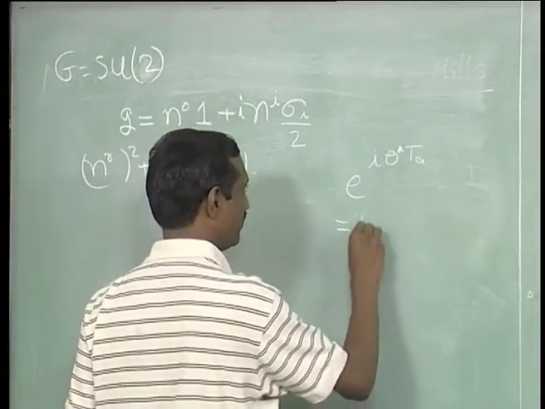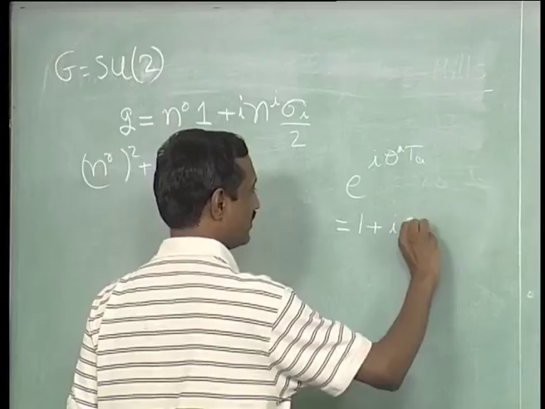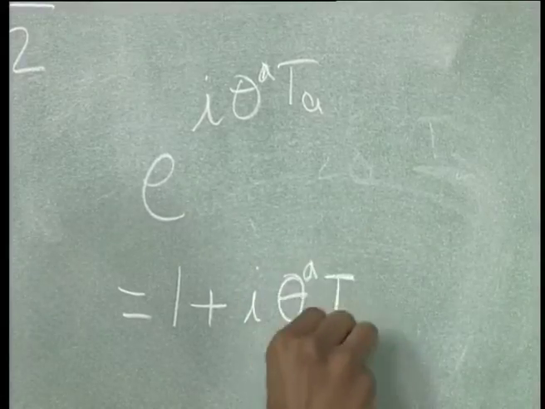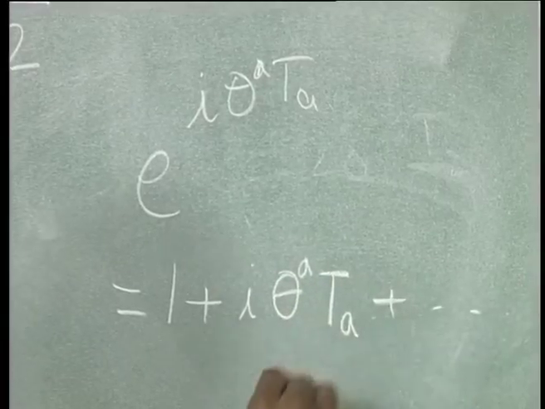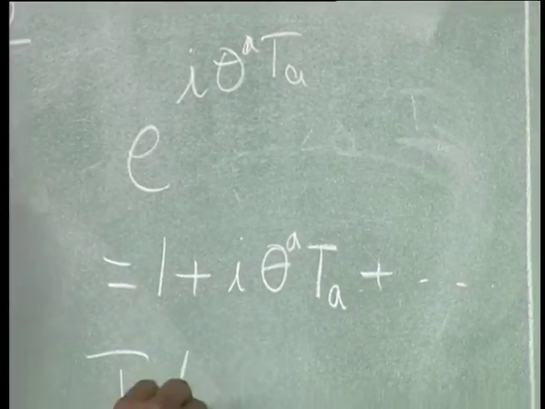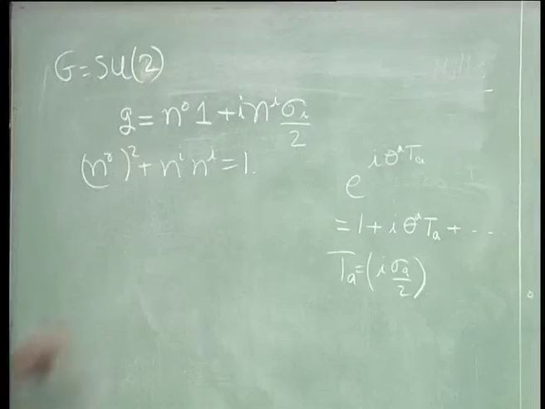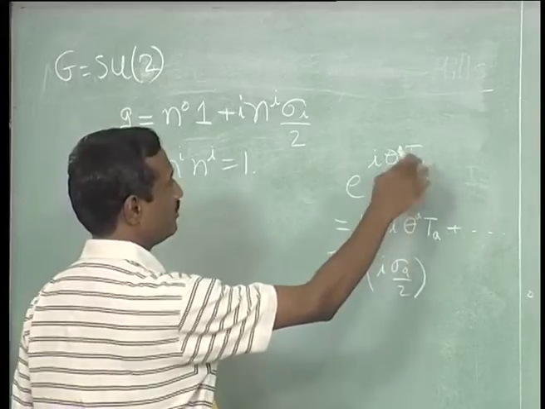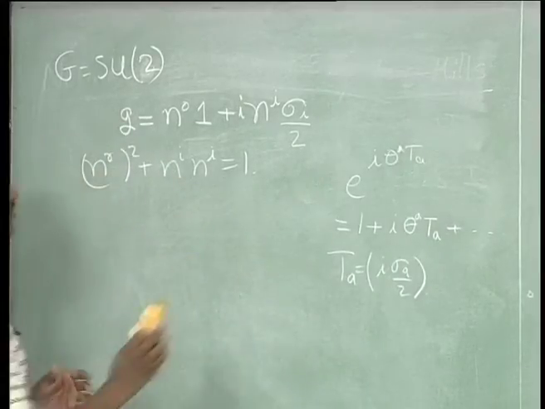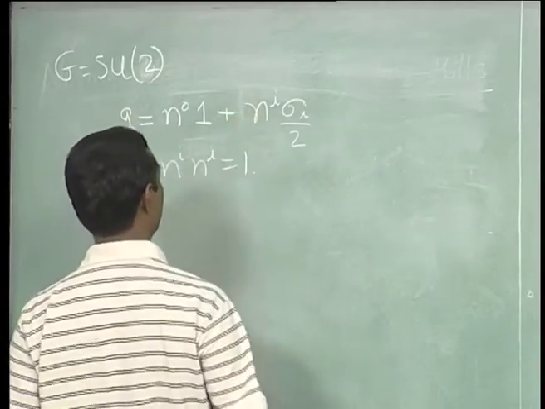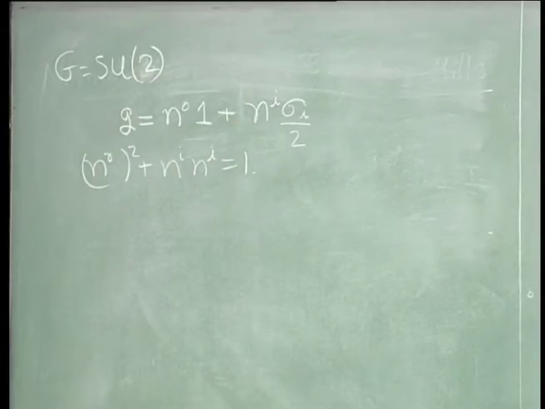So we just get 1 plus i theta^a T^a, and T^a should be sigma^a by 2, possibly with an i. So there is no i here, because T^a will have an i, and so that goes off. So that helps. Now we are in good shape.